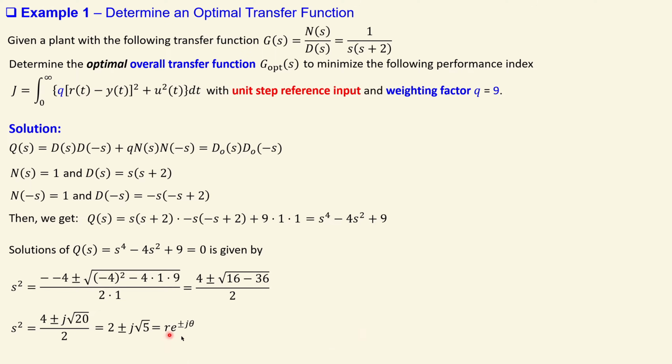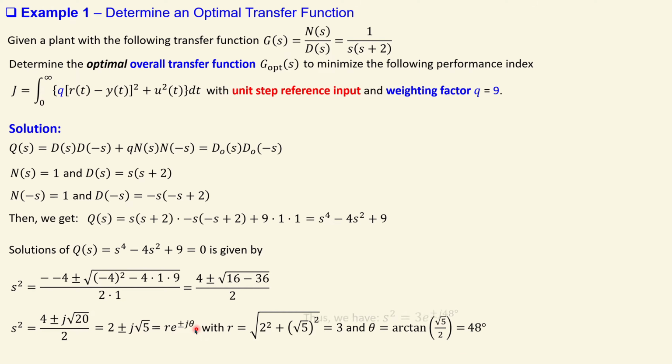This can also be written in the Euler representation, so you will get r times e to the power plus or minus j theta, where r is actually our length, so it is the square root of the square root of 2 squared plus the square root of 5 squared summed together, and then the square root of that will be just 3 exactly, and theta is the arctangent of the imaginary value divided by the real value, which will be approximately 48 degrees.